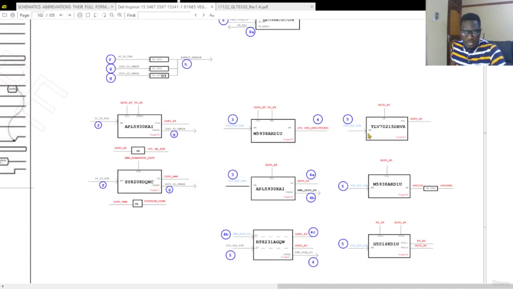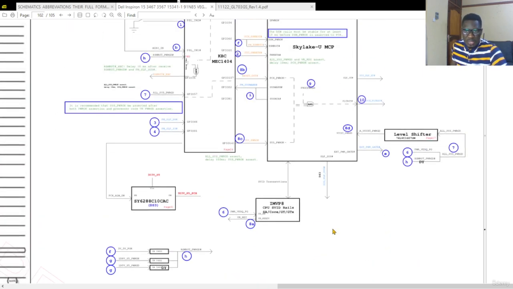When SIO sleep S3 comes out of the chipset, you can see the same signal goes to this chip to turn on 1.5 volts SO, goes to the same chip and turns on VCCST, goes to this chip and turns on 3.3 SO and 5 volts SO. It also comes out here on this chip and turns on 0.6 SO. That is number 5. So where is number 6?